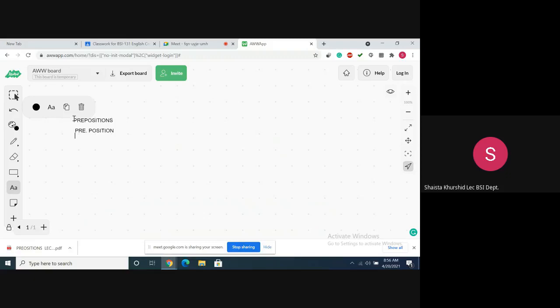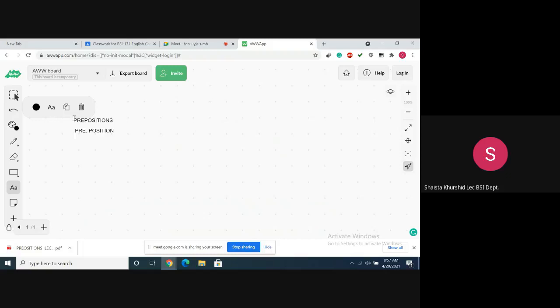It will come before a noun, but actually the preposition shows the relationship, or the position, of a word. It shows a relationship between a word in a sentence and the word that is the object of the preposition.